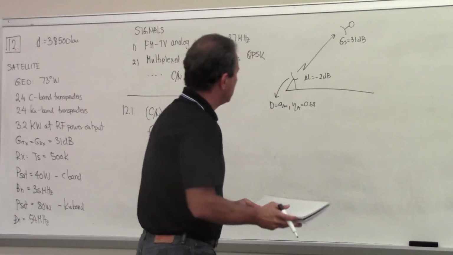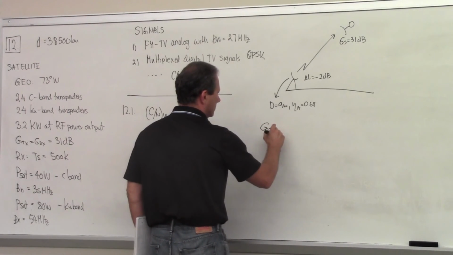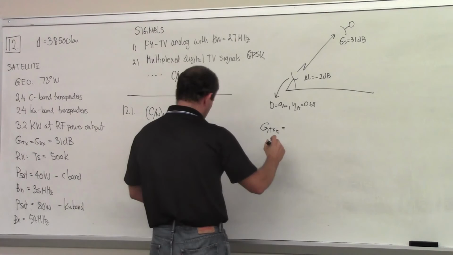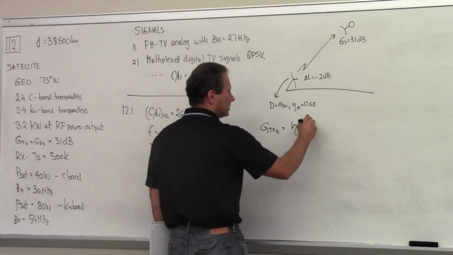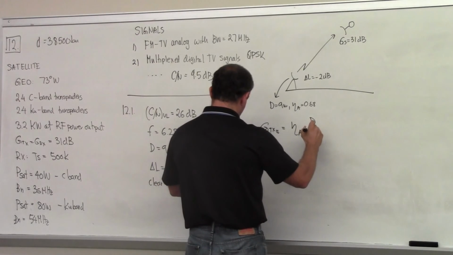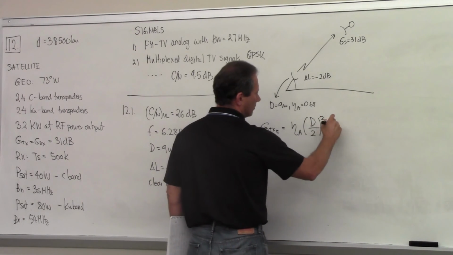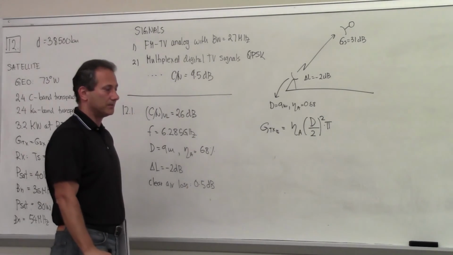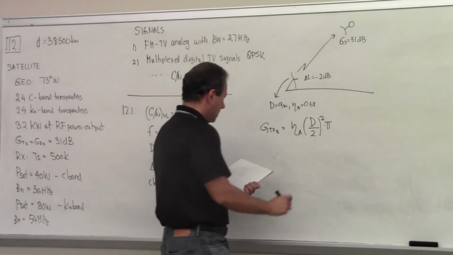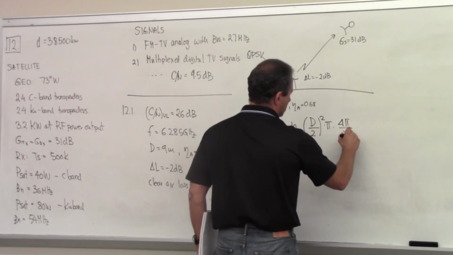So first let us calculate the gain of this Earth station. Gain transmitted at the Earth station is equal to the aperture efficiency times the physical area of the antenna, pi times (D over 2) squared, times 4 pi over lambda squared.